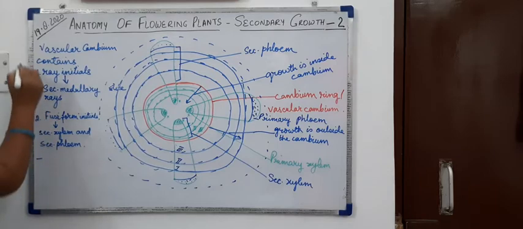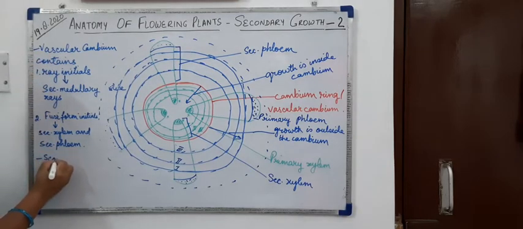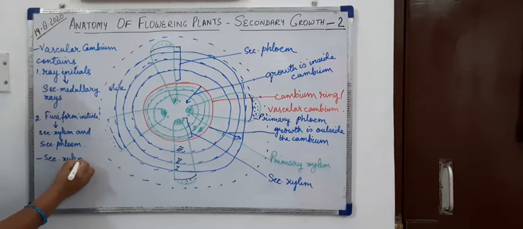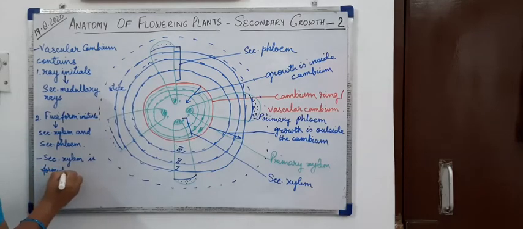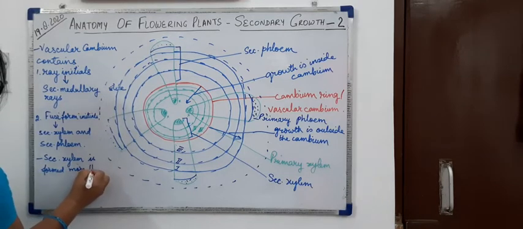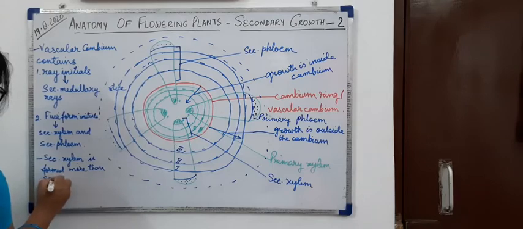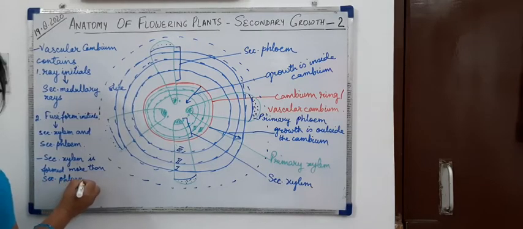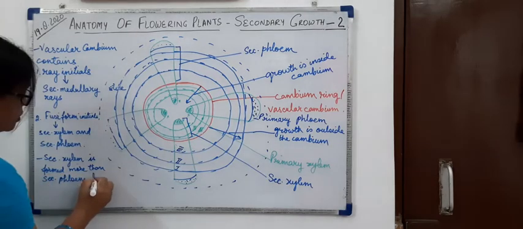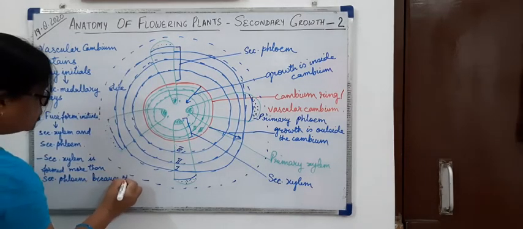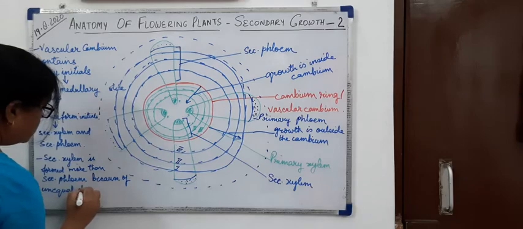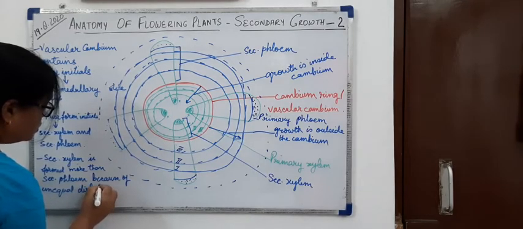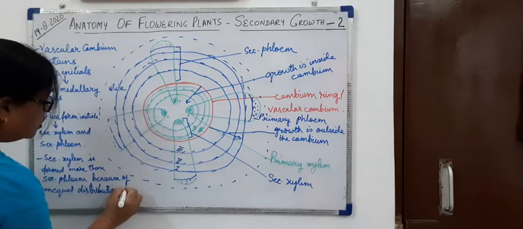Then secondary xylem is formed more than secondary phloem, because of unequal distribution of hormones.